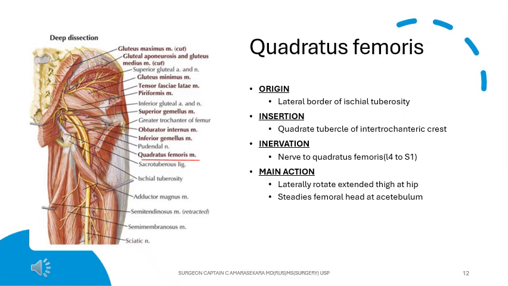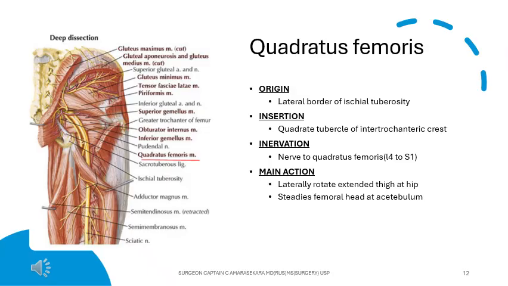From a radiotherapy standpoint, the quadratus femoris is a deep posterior landmark, important when evaluating sciatic nerve pathways, soft tissue tumors, or post-traumatic changes in the hip region. Its proximity to the ischial tuberosity and sciatic nerve makes it relevant in cases of deep gluteal syndrome or posterior hip pain.